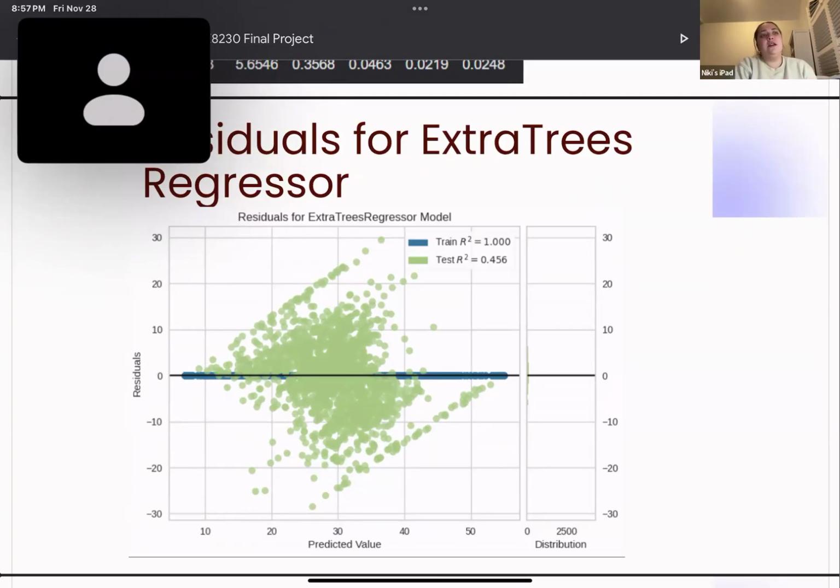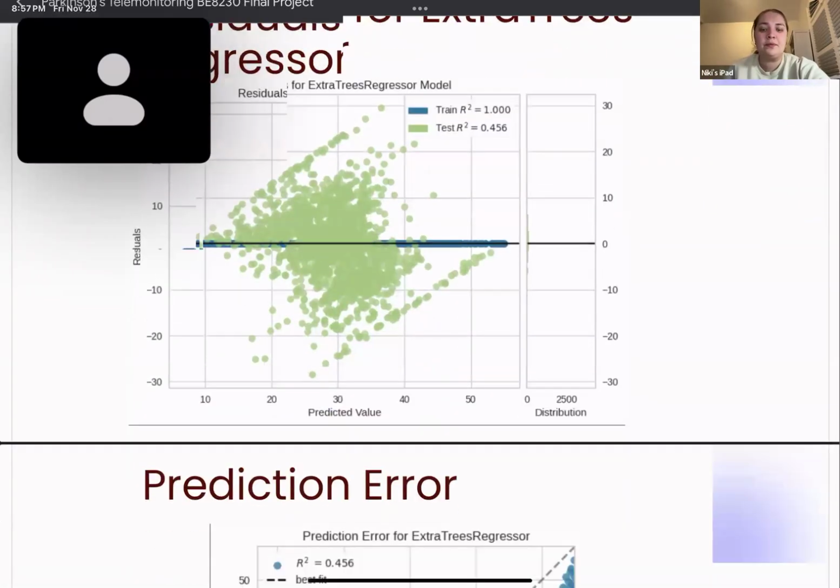As you can see, most points are clustered around 0, which means that the model's prediction is generally close to the true values, although there is still some spread, especially with the higher scores. And that is how it resulted in a test R squared of 0.46. So the model captures a moderate amount of the variance, but there's still room for improvement.